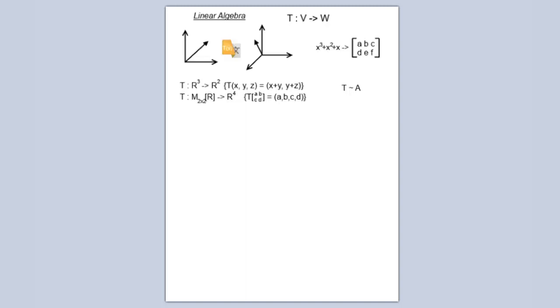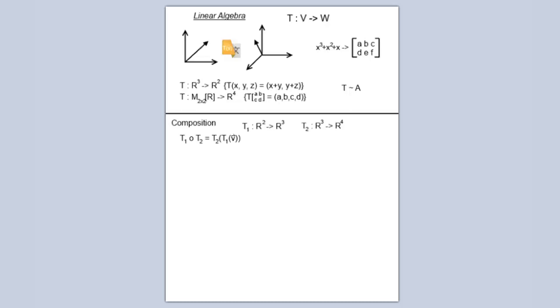Now, what if you have two transformations, say T1 from R2 to R3 and T2 from R3 to R4? You want to translate a vector in R2 to R4. Transformations can be composed to let you do this, and this is denoted by a hollow circle.